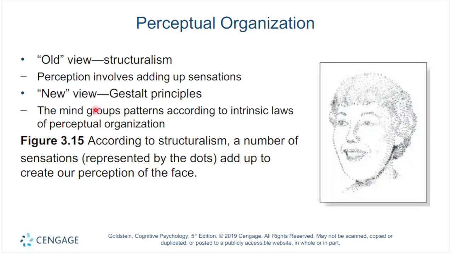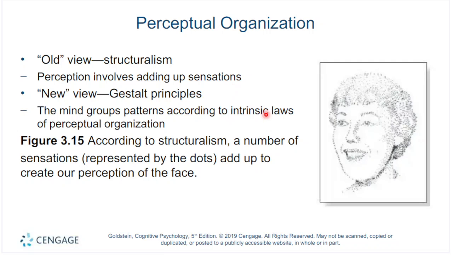According to the Gestalt principle, the mind groups patterns according to intrinsic laws of perceptual organization. So, the reason why we are able to perceive this picture as a face of a woman, or as a picture of a woman created by dots, is because of the laws of perceptual organization.